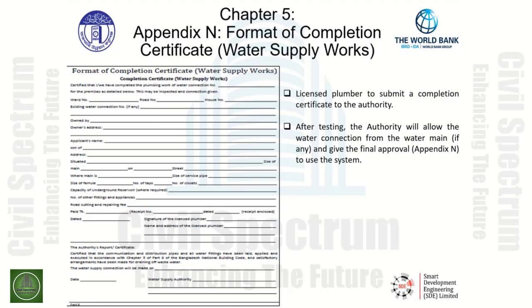This may be inspected and connection given. Again, ward number, road number, house number. The plumber must state the location of the work that has been performed.